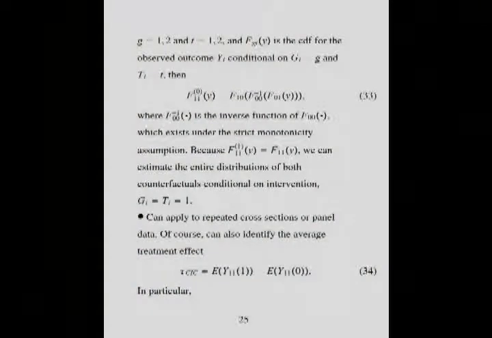Okay, so I'm running out of time here, but the interesting result is, well, there are several interesting results, but is that this distribution function can be recovered from things we can estimate with the data. These are all distribution functions.